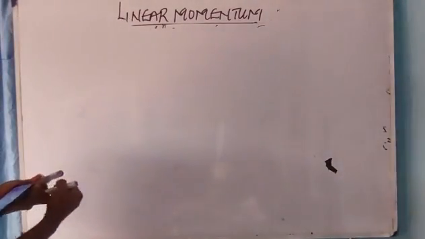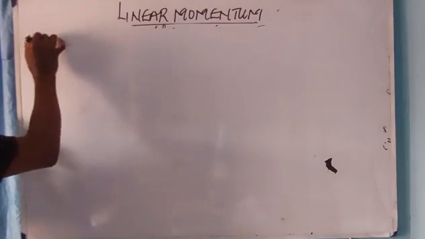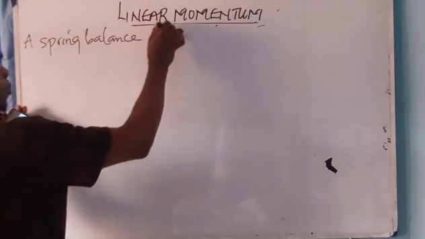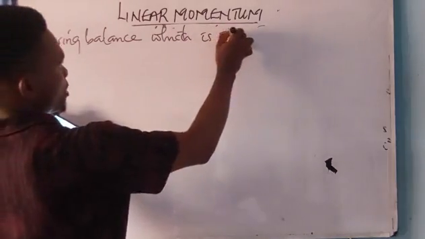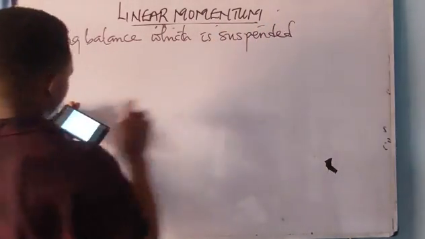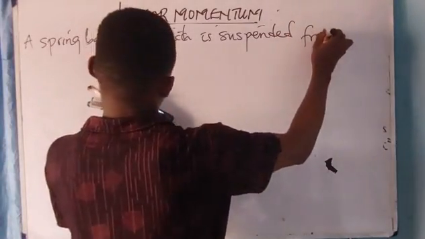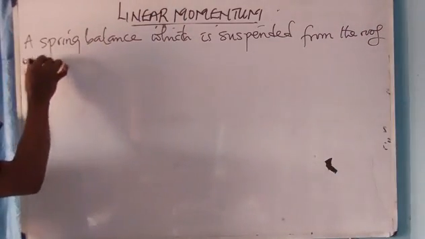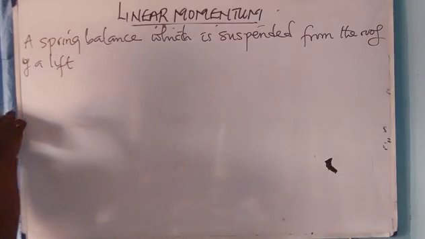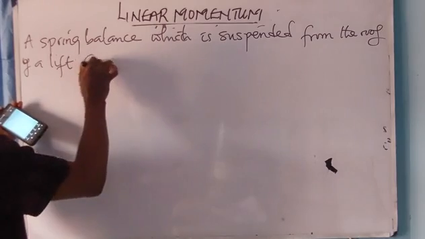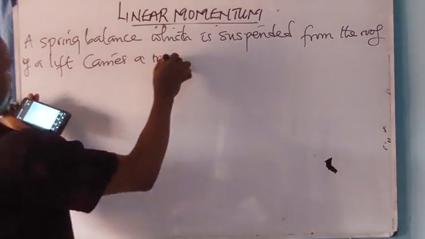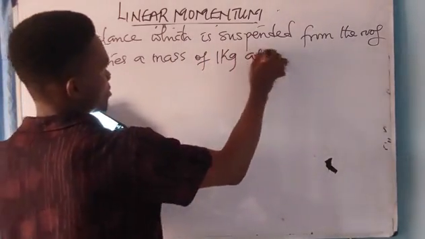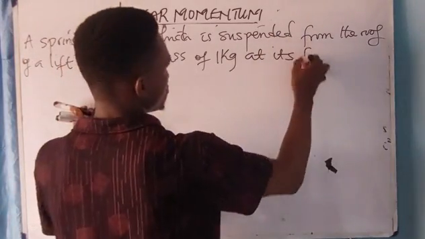It said a spring balance which is suspended from the roof of a lift, carries a mass of 1 kg at its free end.